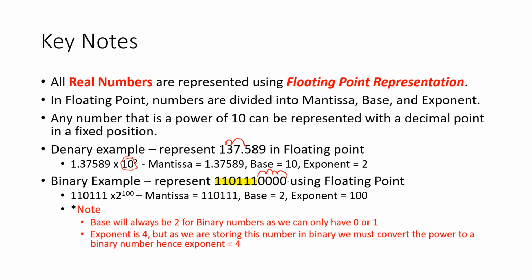We need to use the previous steps from the other day of converting denary to binary numbers, and we would get an exponent of 100, which in other words is our 4, 2, 1. Nothing on the 1, nothing on the 2, so our power is 4. So we would have an exponent of 100 essentially, even though in reality that means 4.